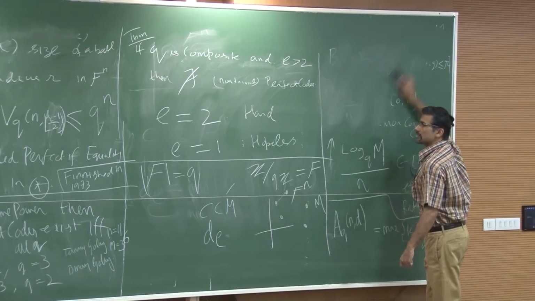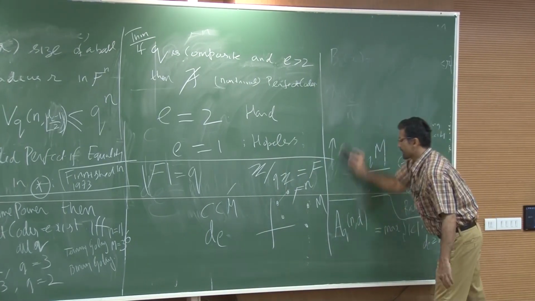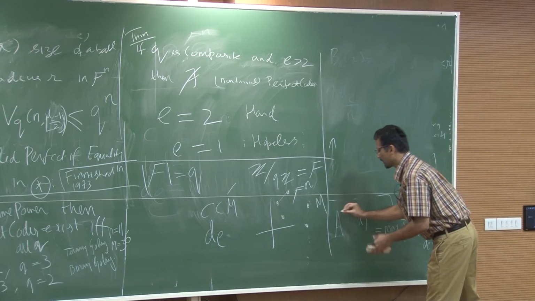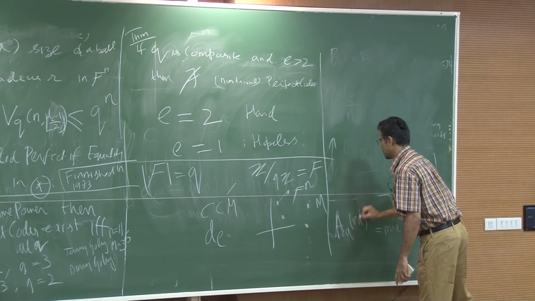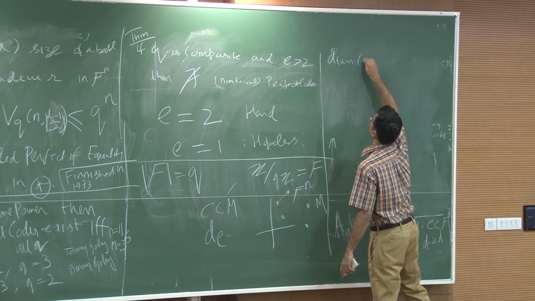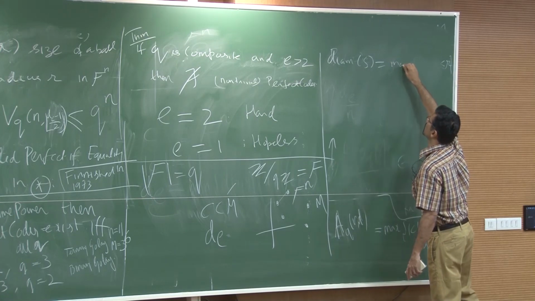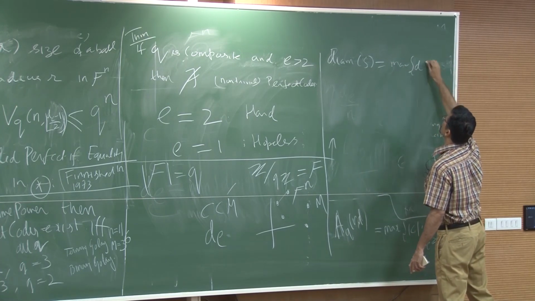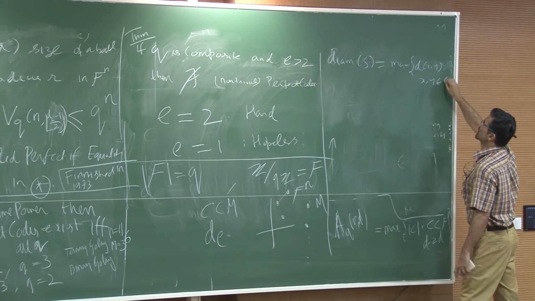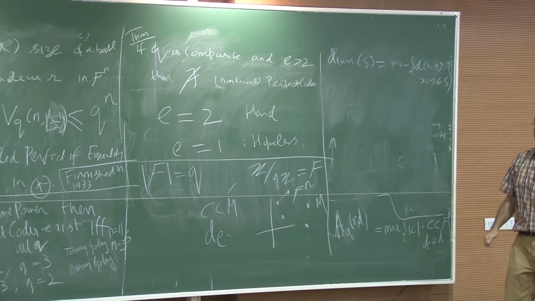What's the diameter of a set? Yeah, it's the max of d(x,y), where x, y belong to S. This is the diameter of a set S.